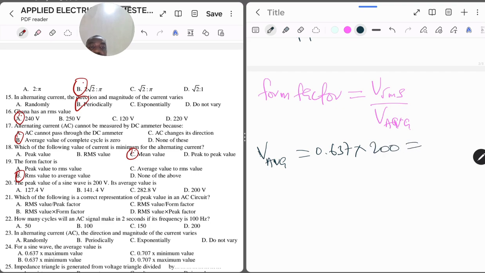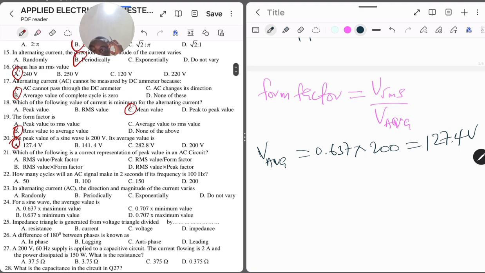So I'm doing the calculation. 0.637 times 200, we get 127.4 volts. So the answer here becomes A.